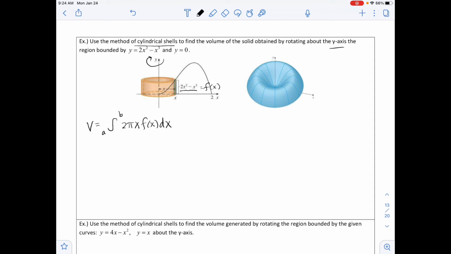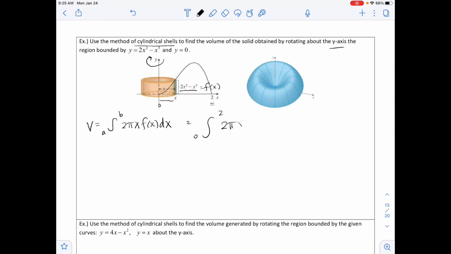And then our radius we call x, as you can see in this picture. We're going to be integrating x, our radius, and that function's values, from 0 out till 2. You can see we started at 0 and we're going all the way out till 2. From here, I'm going to go ahead and plug this all into our volume formula. So again, we're integrating from 0 to 2.